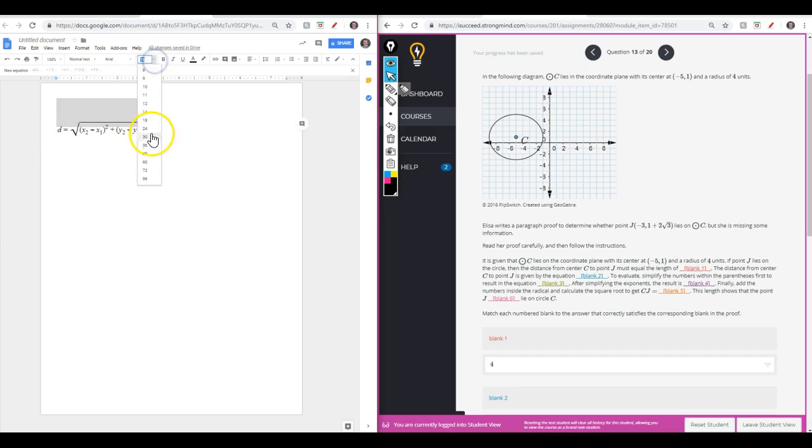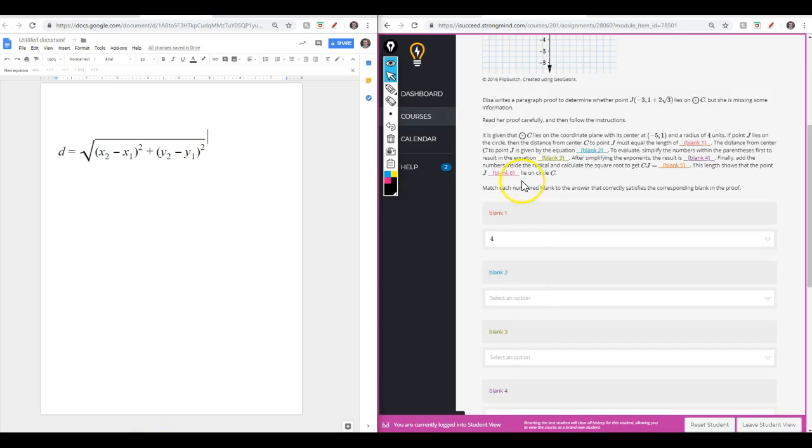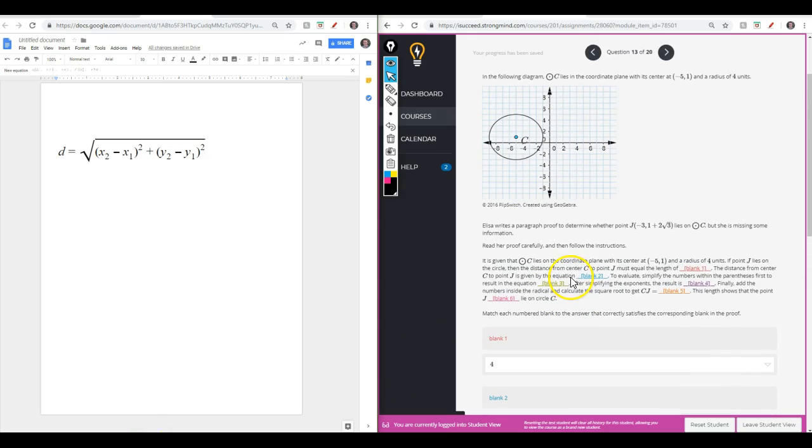So now we just have to label which one is going to be our first point and which one is going to be our second point. Since it says from the center C to point J, I'm going to lead with that context clue: it says from center.